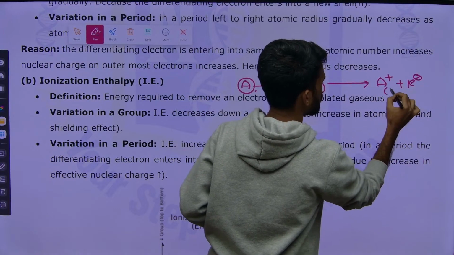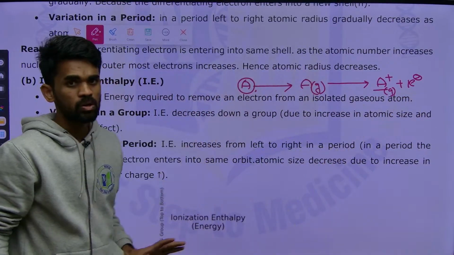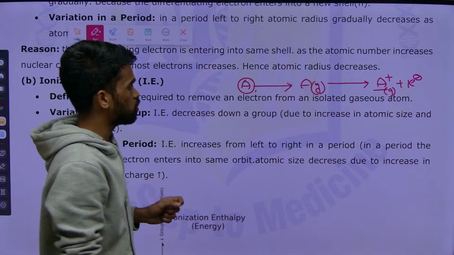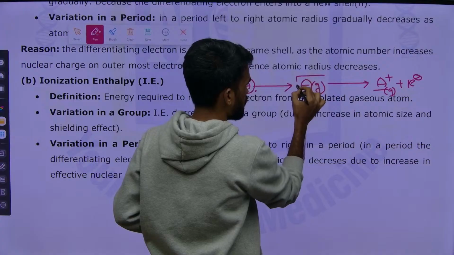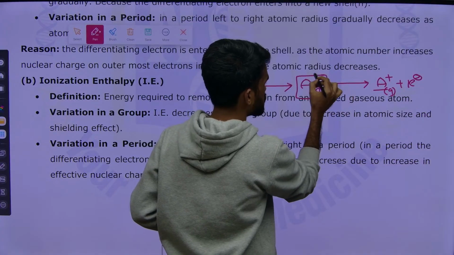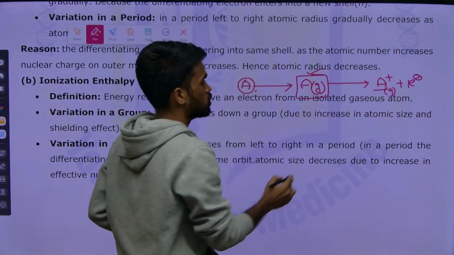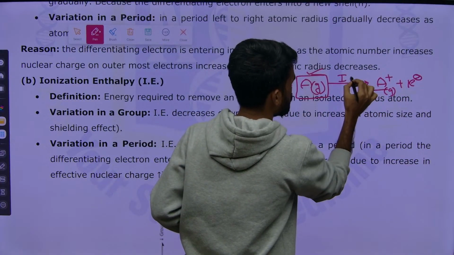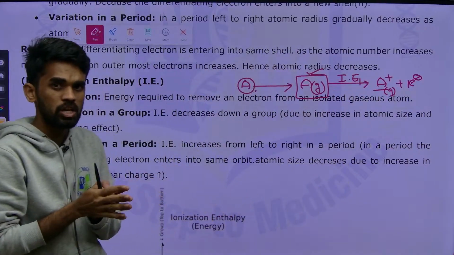If we are removing one electron, it will become a unipositive cation. So this is the scenario. The amount of energy required to remove an electron from a neutral, gaseous, isolated atom is called ionization energy. This is called IE1 because we are removing the first electron, so you should call it first ionization energy.